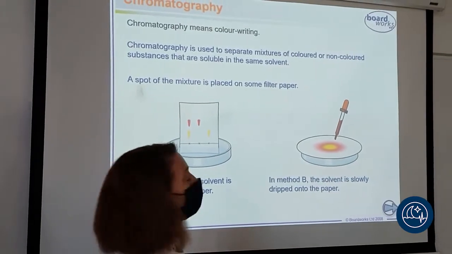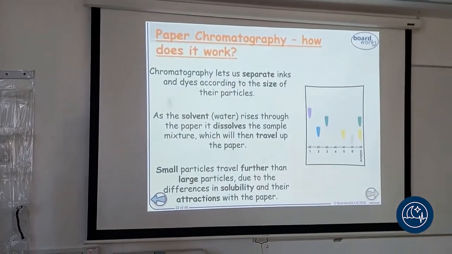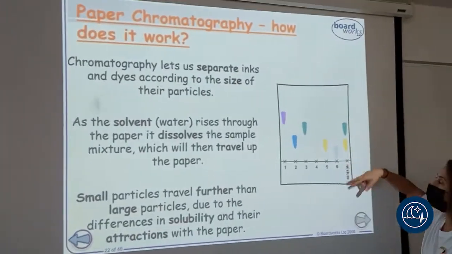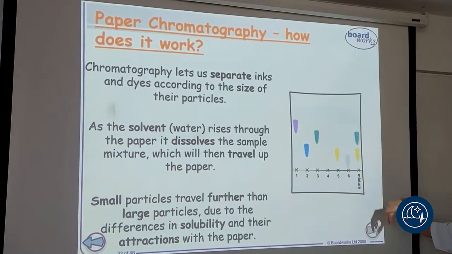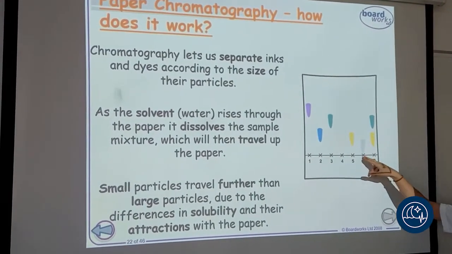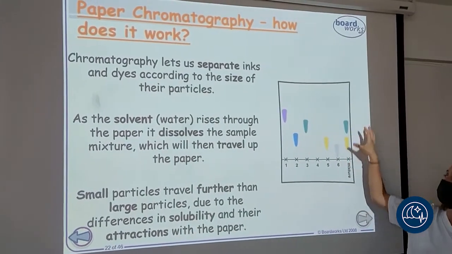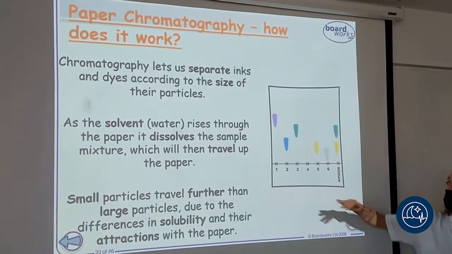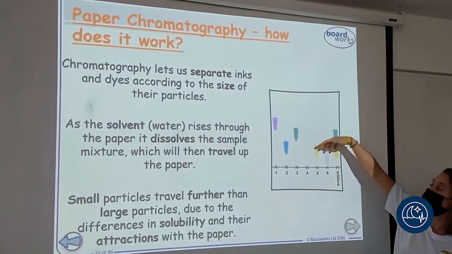So for example here, let me just go to the next slide. Let's say here, in this case, we want to find out what this mixture is made up of. So you would have a dot of the mixture you want to analyze, and all these 6 dots would have been substances that you know, and then you would put this paper inside a container with a liquid, and the liquid will be absorbed, and when it's absorbed it would take all these substances with it.